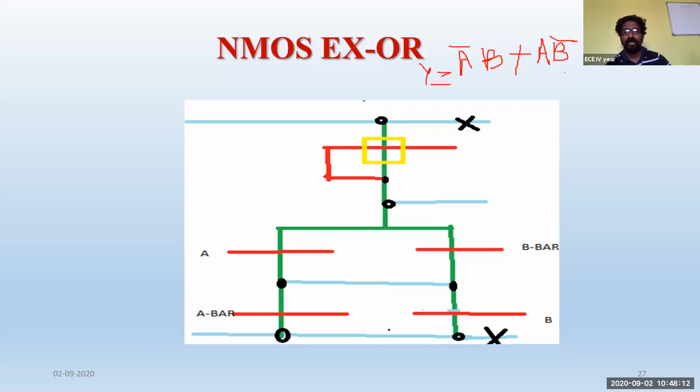First, you draw the CMOS structure for this expression. Then this expression will produce for you the CMOS structure for the XNOR gate. You'll get a circuit for the XNOR gate, and if you put an inverter, it becomes an XOR gate.